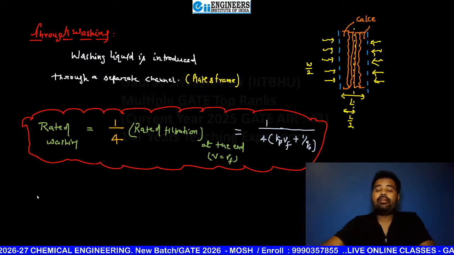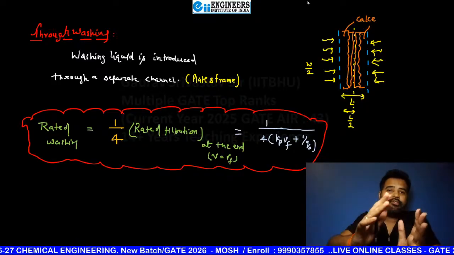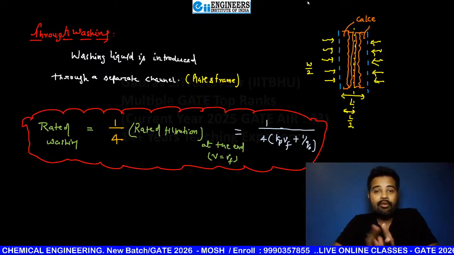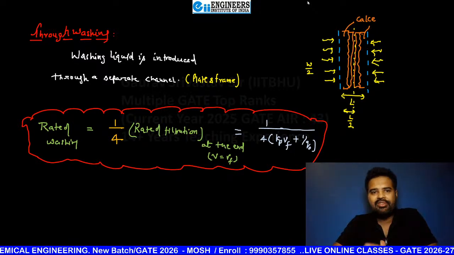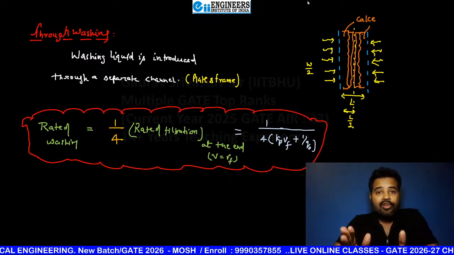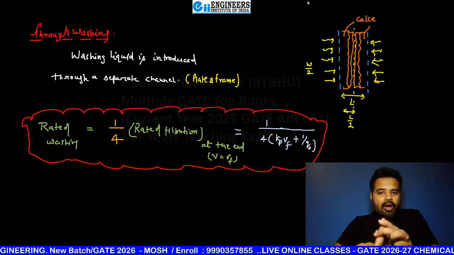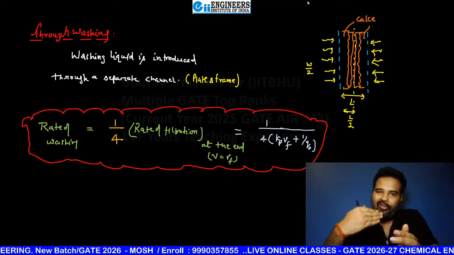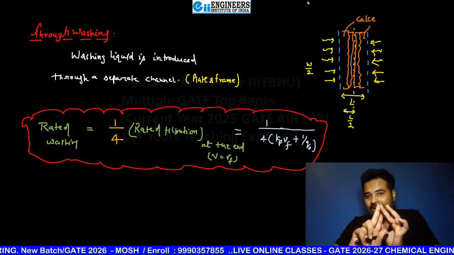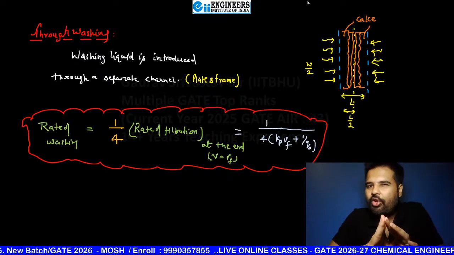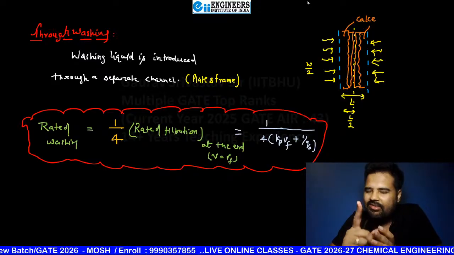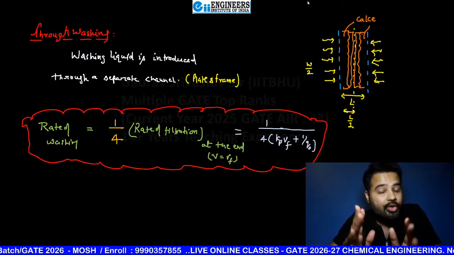Now the final thing here is filtration cycle time. It can also be asked in your examination. What is the value of filtration cycle time? That means one cycle completion. So in one cycle, first you are going to do filtration. Second, washing time. Is the cake removed during washing time?